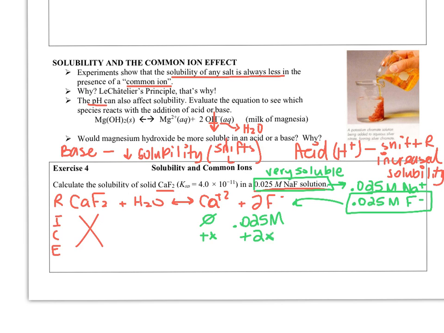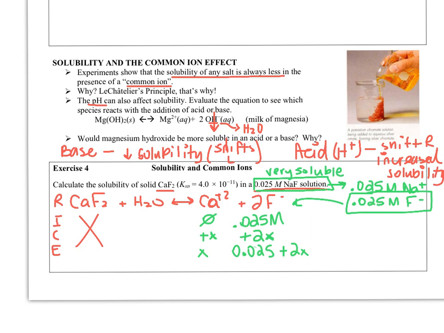And so at equilibrium, I'm going to have X calcium, and I'm going to have 0.025 plus 2X. Okay, so that would be what I would see at equilibrium.